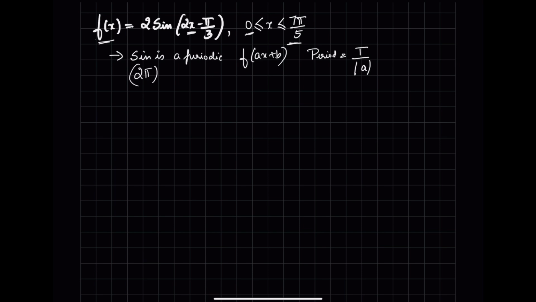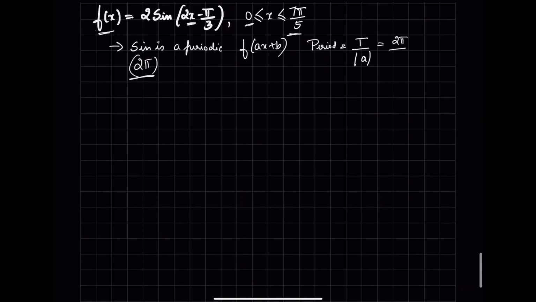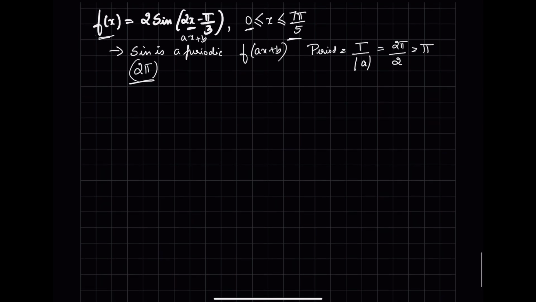Sine, cos, cosecant and secant have a period of 2π. We learned that in the previous videos. So what will be the period of this f(x)? It will be 2π divided by a. What is a here? This is of the format ax + b, where b is −π/3 and a is 2. So the period is π. Basically this function is going to repeat itself for every interval of π.